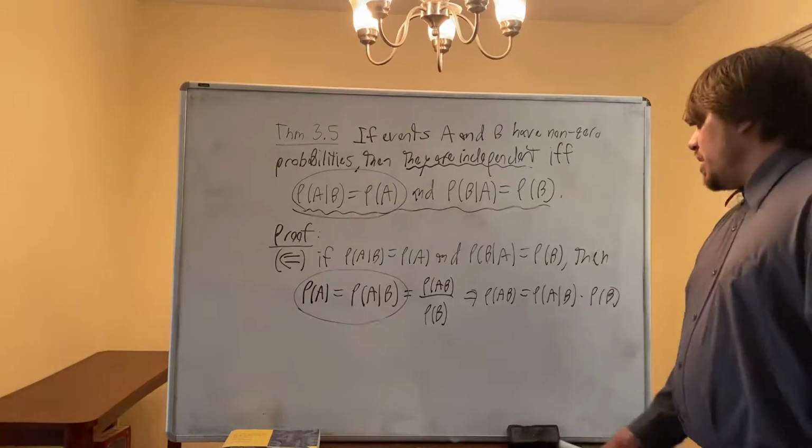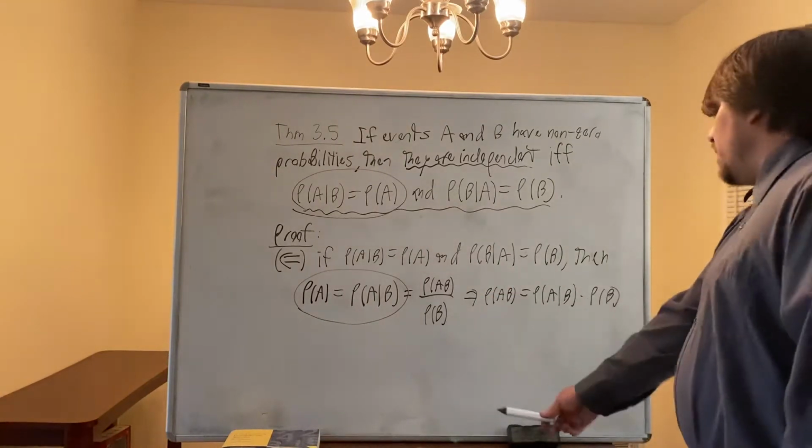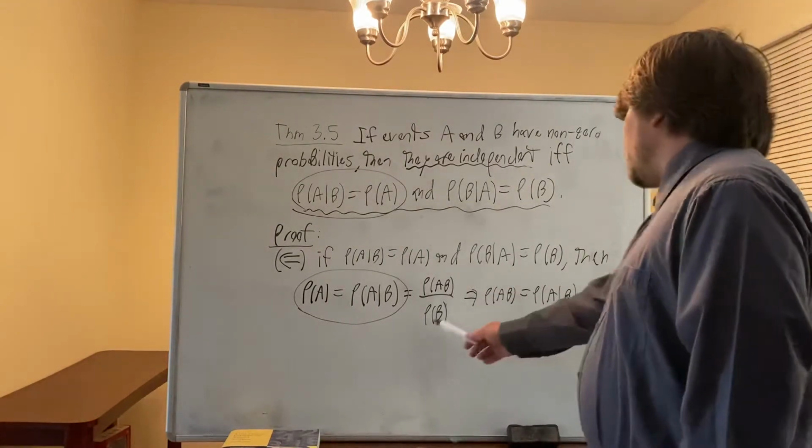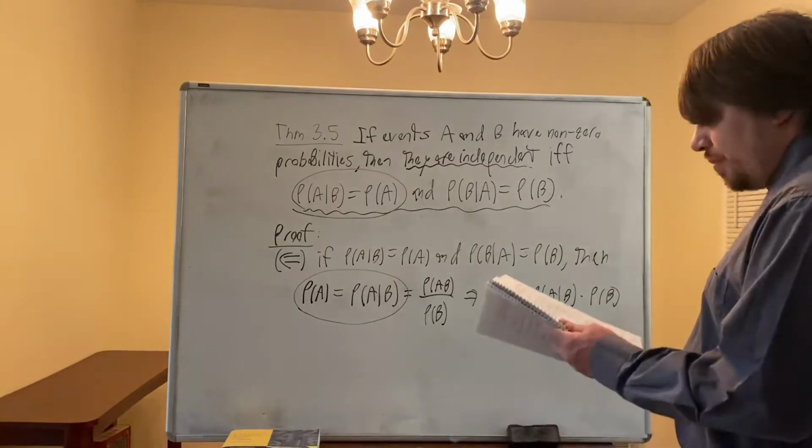That implies that the probability of AB is equal to the probability of B times the probability of A given B.